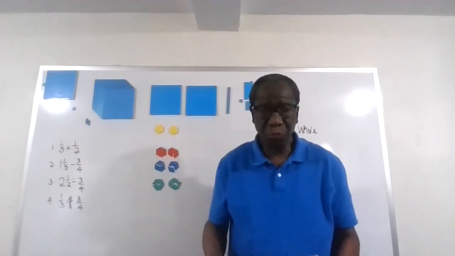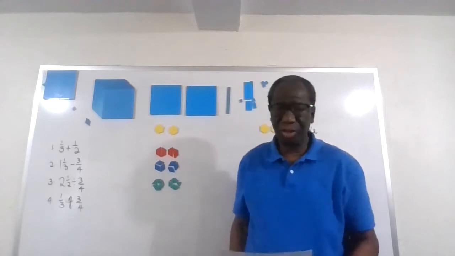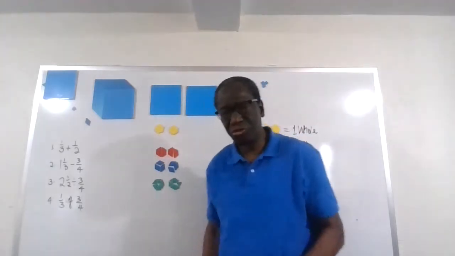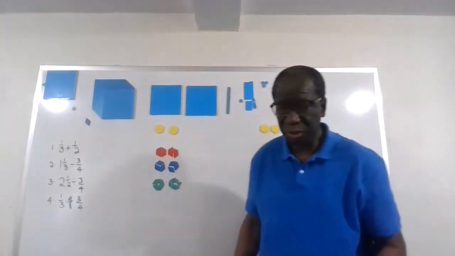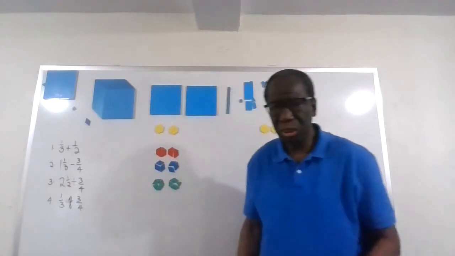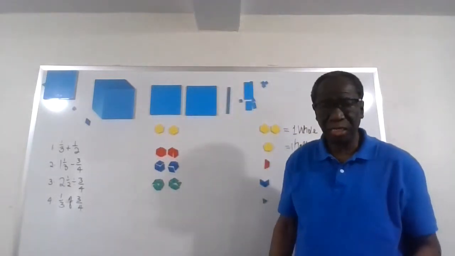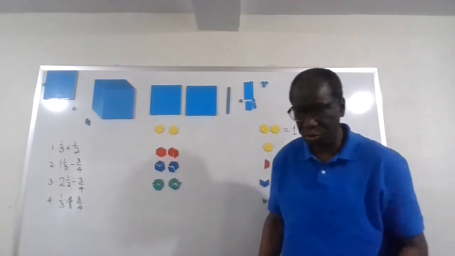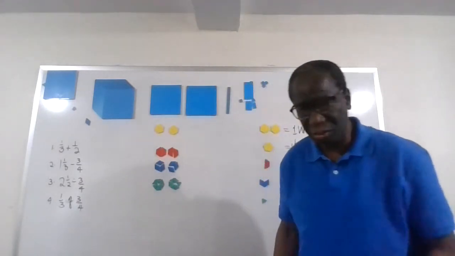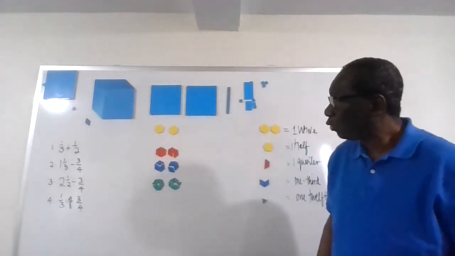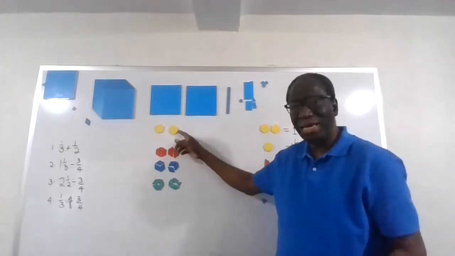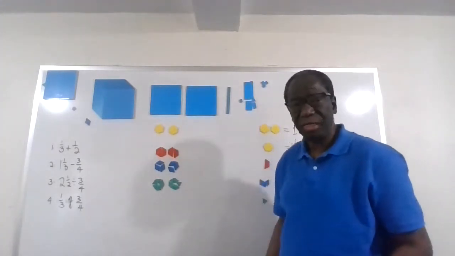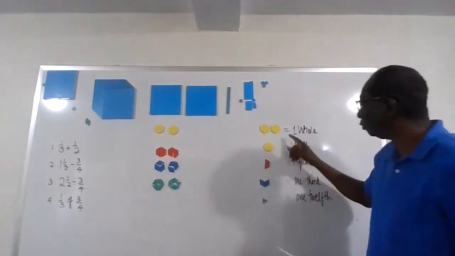So I hope that you will get out your pattern blocks, and I have a few demonstrations here. I will have you follow along, and any issues you probably could email me so that I could clarify that. But we want to use two yellow hexagons to represent one whole.